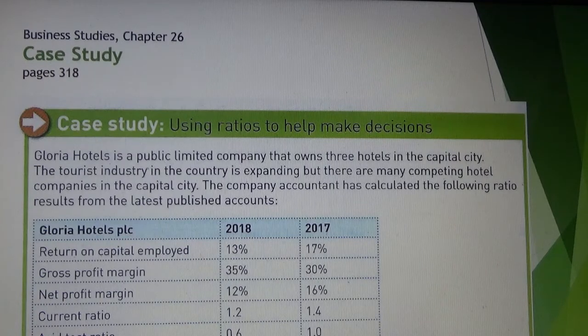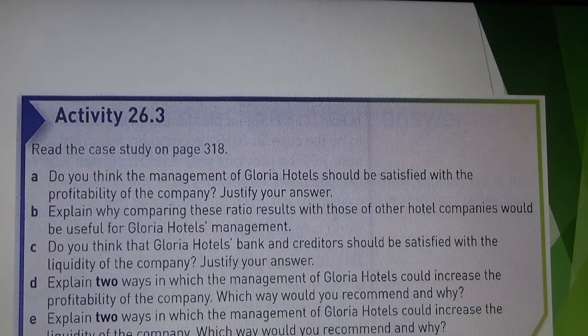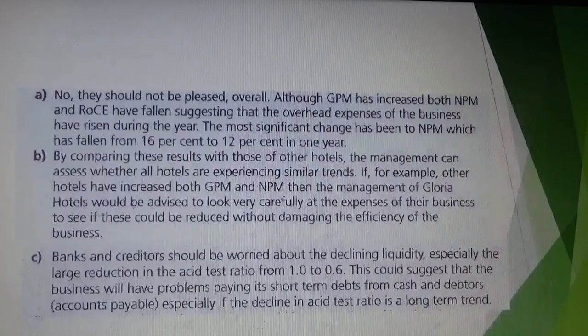Okay, I hope you have your book with you so we can go on answering the questions in activity 26.3. This is the case study activity 26.3. Now, we have 5 questions here, and each of these questions are answered on the next slide.